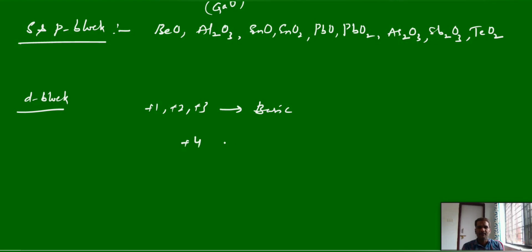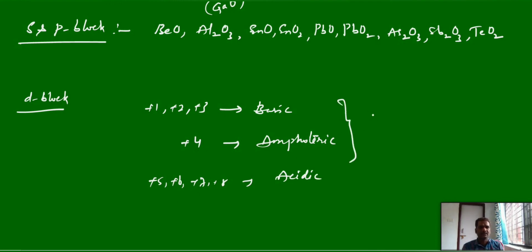And a metal oxide with the +4 oxidation state is amphoteric in nature. Metal oxides with the remaining +5, +6, +7 or +8 are acidic in nature. Again, here are a few exceptions.